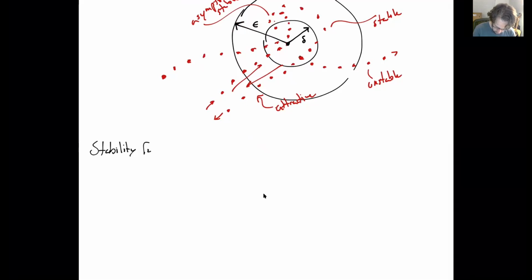stability for LTI, right? So for LTI systems, for continuous time systems, we said that a system is asymptotically stable if the state matrix A has eigenvalues on the left half side, right? If the real component of the eigenvalue is on the left half side, we have asymptotic stability, right?